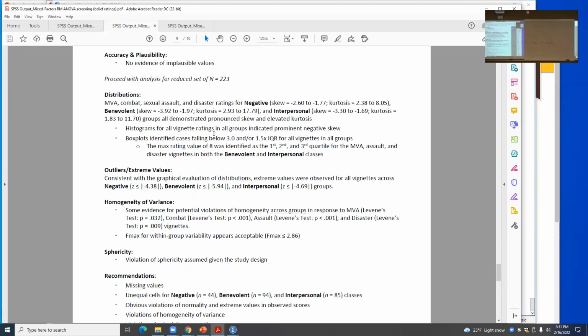It says, hey, here's our 4 vignettes for negative, benevolent, interpersonal, and just look at those, like they're all bad, right? None of it's good where I'm saying, oh yeah, it's bad for this group, it's okay for this group. Talking about our histograms, talking about our box plots.